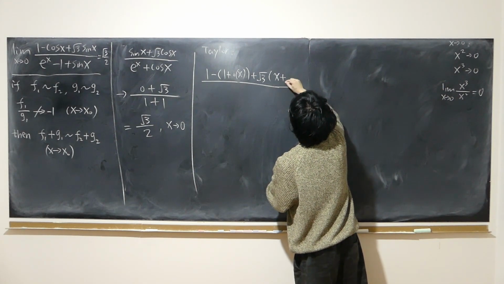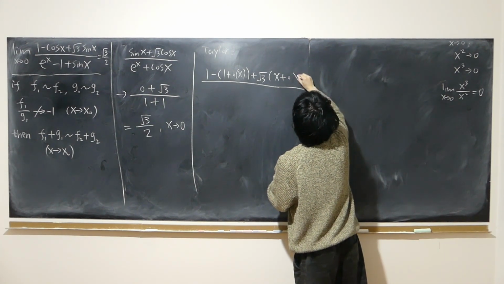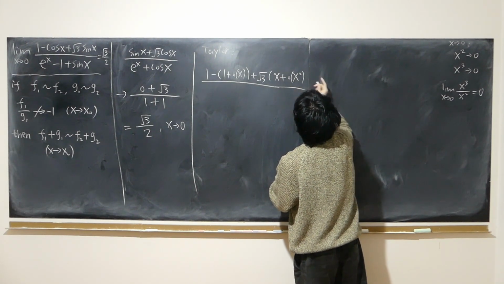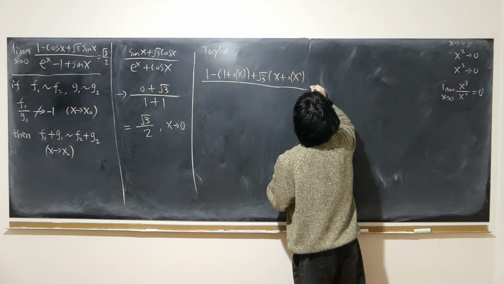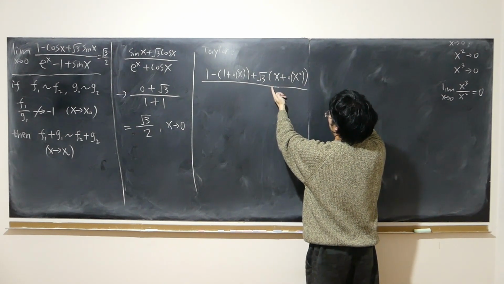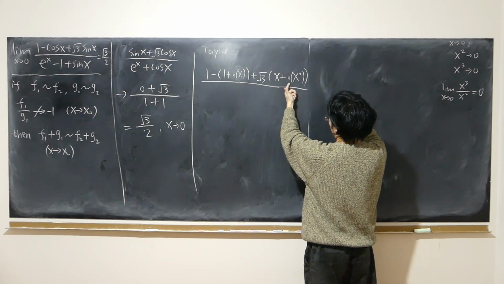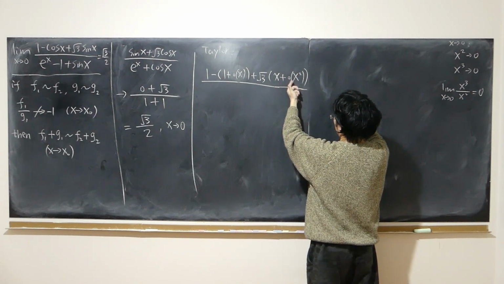All I need is plus little o of x squared. But I think x is also fine. It's also fine, because we imagine we've already expanded 2 terms: first term x, next term is 0, but still 2 terms. So little o of second power.